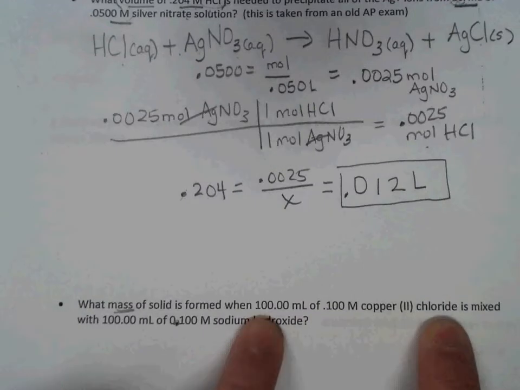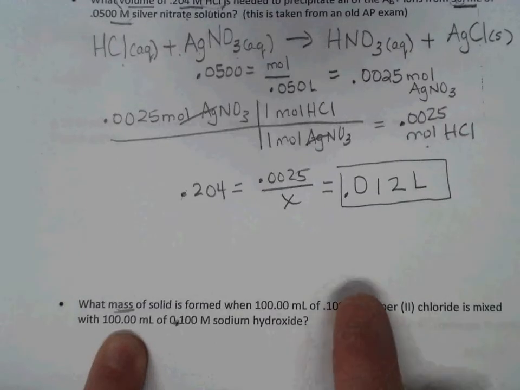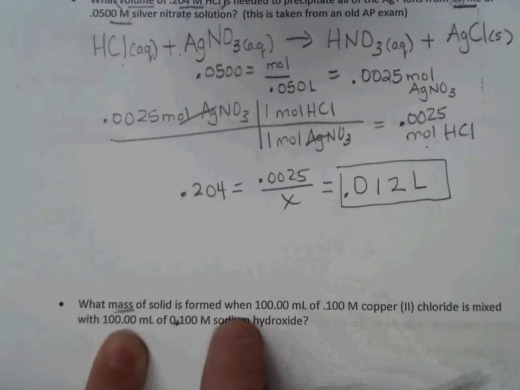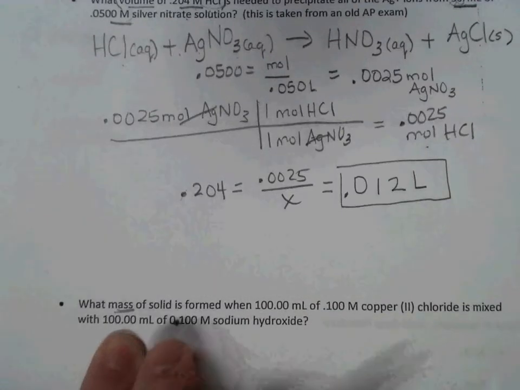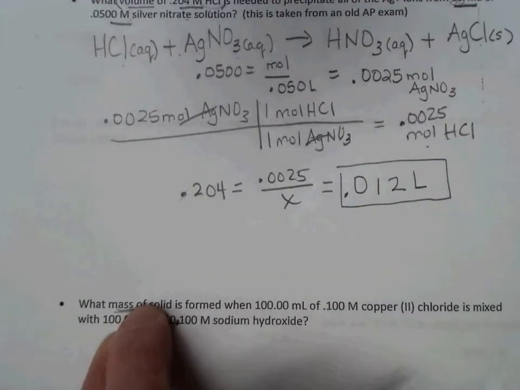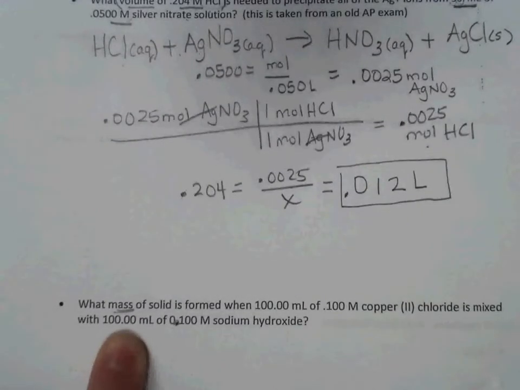All right, 100 milliliters of 0.1 molar copper 2 chloride is mixed with 100 milliliters of 0.10 molar sodium hydroxide. Moles, I can find moles and moles. If you have amounts of two reactants and you want to know what mass of something's produced, what kind of stoichiometric problem is that?